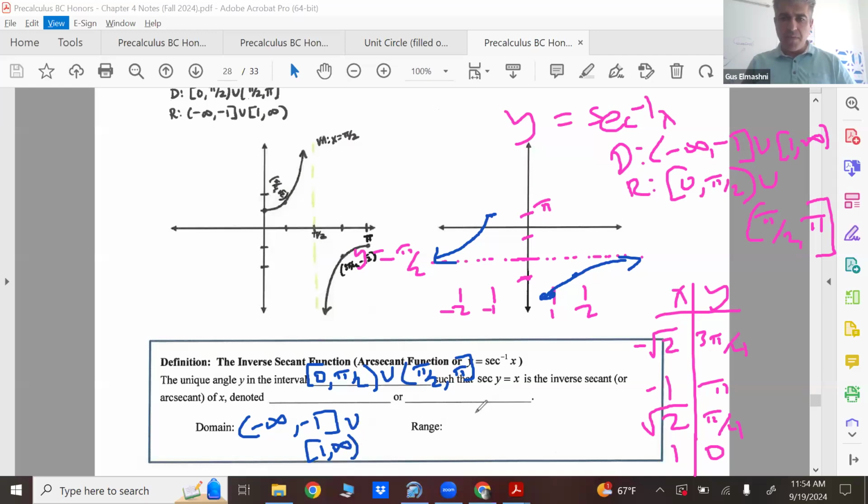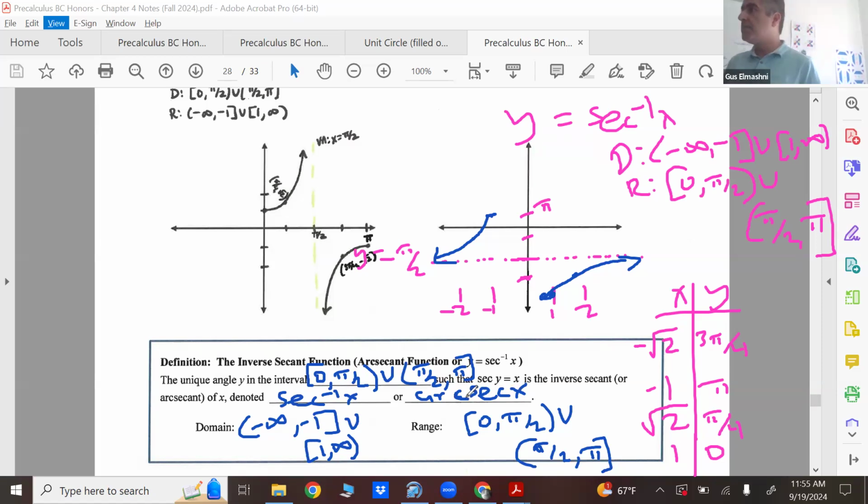The range. And it's denoted by this, or arc secant x. Okay, we're cool. It's good.